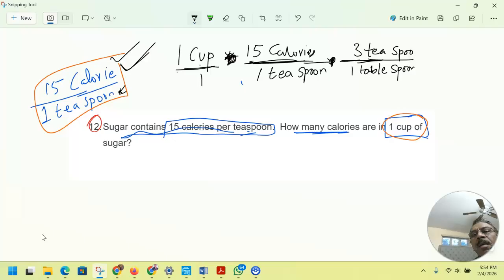Okay. And then in a cup, sorry, we'll put this down, because somehow we have to get rid of this cup, see this part. So 1 cup is 16 tablespoons.